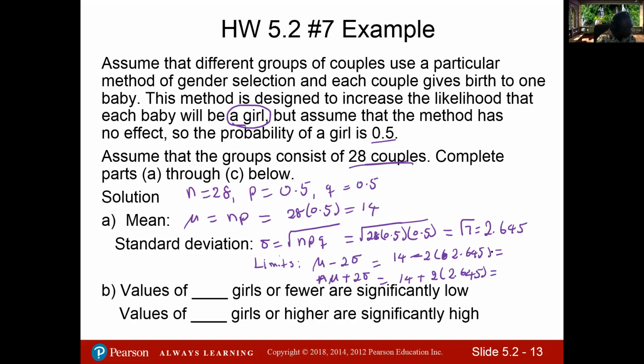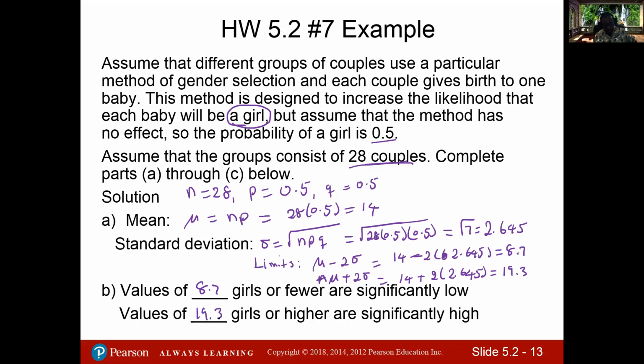The first will give us 8.7, and this will give me 19.3. So if you have a number of girls less than 8.7, then we say that it is significantly low. So what goes here will be 8.7, and this will be 19.3.